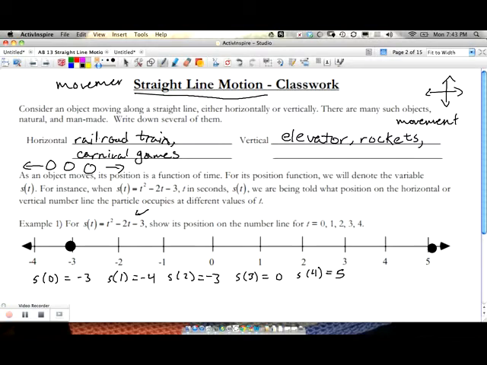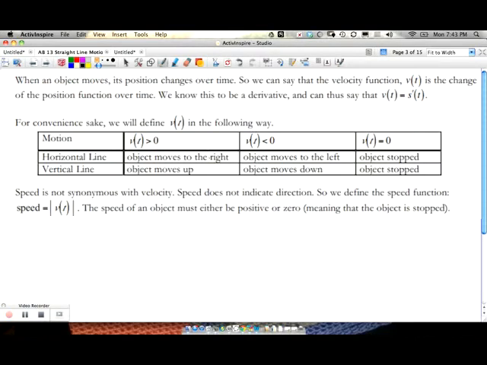Velocity is how the position changes over time. When we're changing over time, that's really a rate. So the big idea is that velocity is the derivative of your position, which starts out as s, so s prime of t. Now, this is a lot of complex stuff, but I like to think of it in a picture because we know the good old x and y axis.